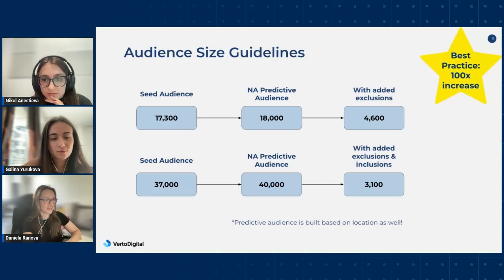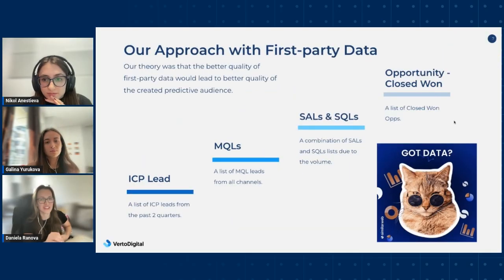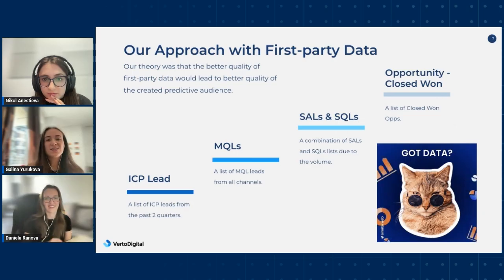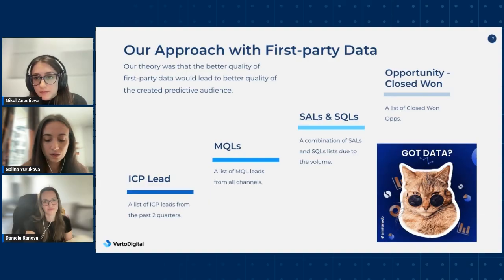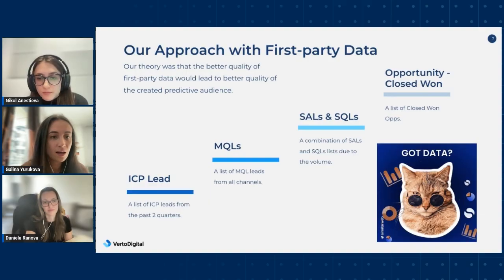All right. And now moving on to a couple more details on these audiences. Initially, when we decided to test predictive audiences last year, we were wondering how to approach them. We decided we're going to use first-party data with one of our clients, and we started collecting lists based on the different lifecycle stages that they had in their CRM. So we had a separate list for opportunities, which were closed won.